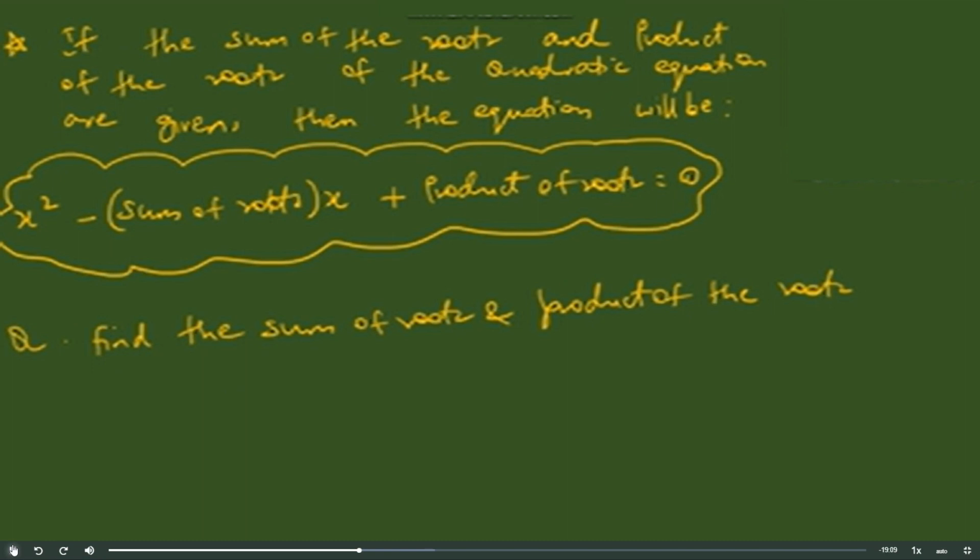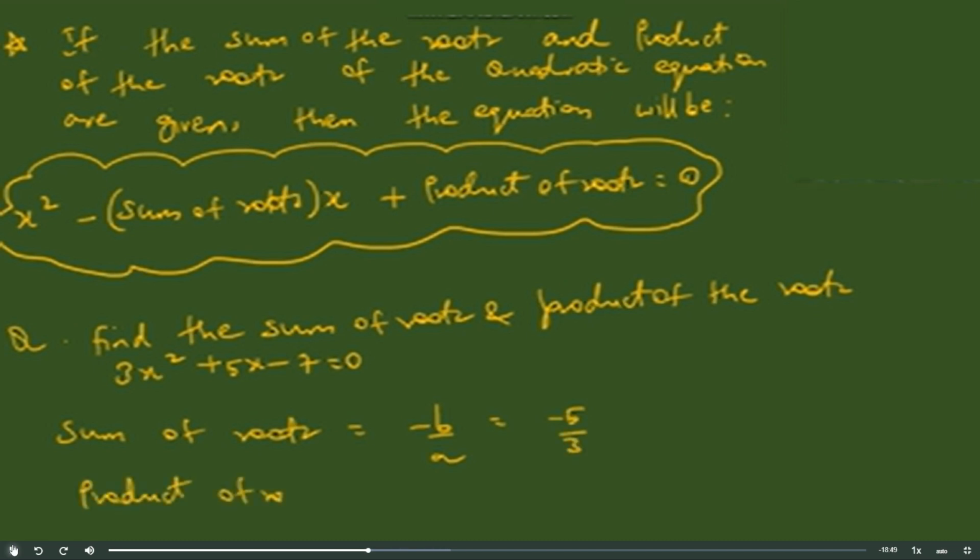They are giving me 3x square plus 5x minus 7 is equal to 0. The first thing I would do is to find the sum of the roots, which is minus b by a, which is minus 5 by 3. The next thing I would do is to find the product of the roots. It is c by a, which is minus 7 by 3. Minus is already there, so I'm taking minus. This is the answer.